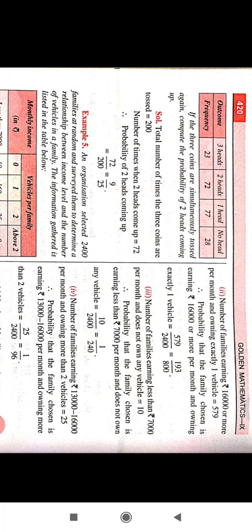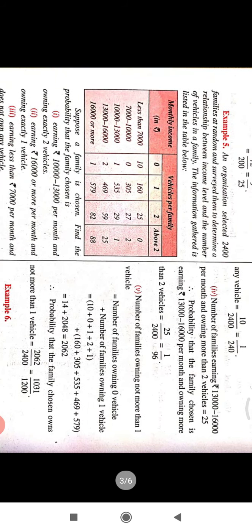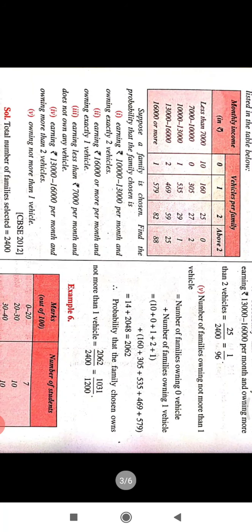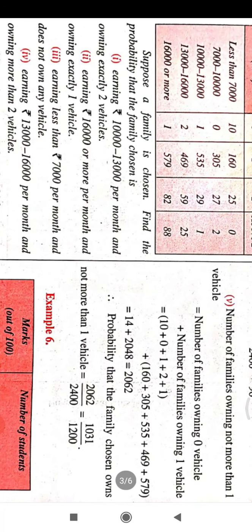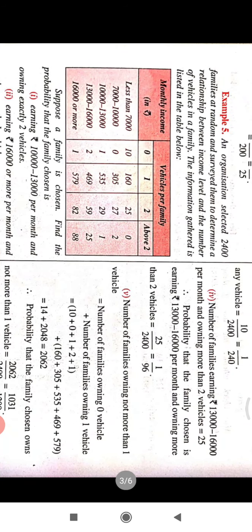Now divide this number. 8 nines are 72 and 8 times 25 is 200. 8 will be cut and the answer will be 9 upon 25. Okay, so in this way we can complete question 4. Now we are going to solve question 5.